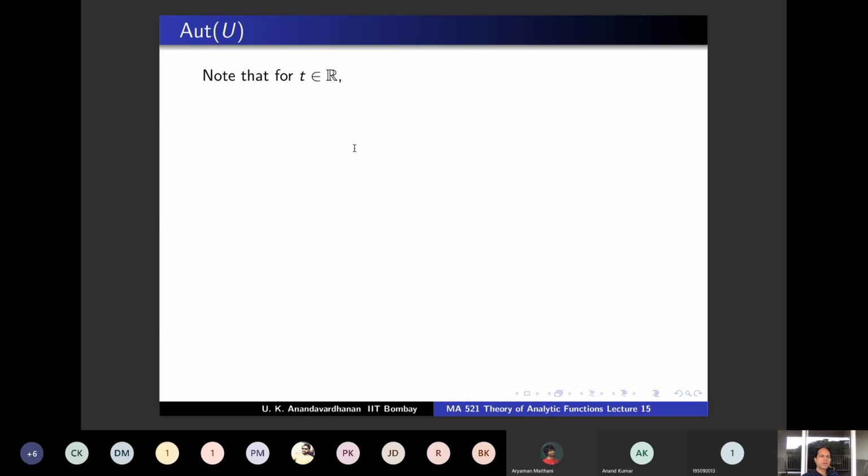For this, take t in R, and now you consider z to be e power it. That's an element from the boundary of U, right? E power it has modulus 1, so that's from the boundary of U.